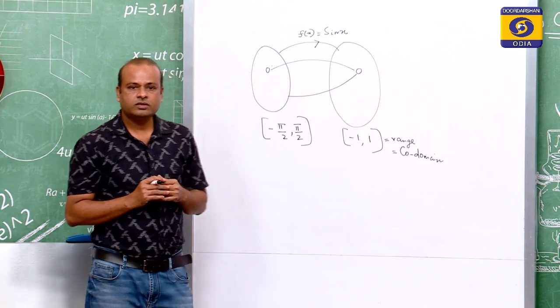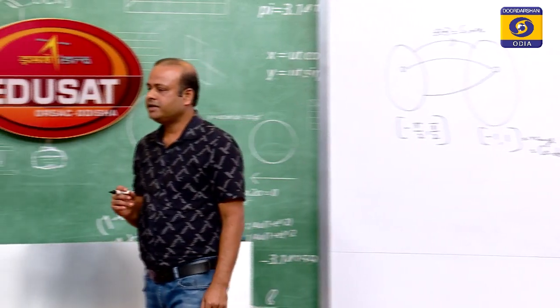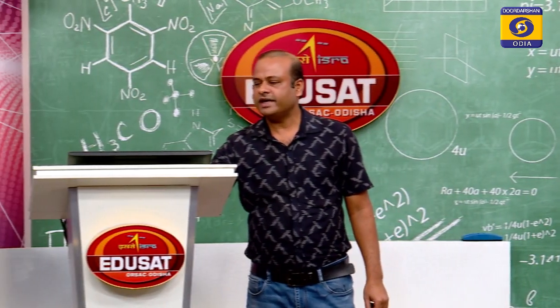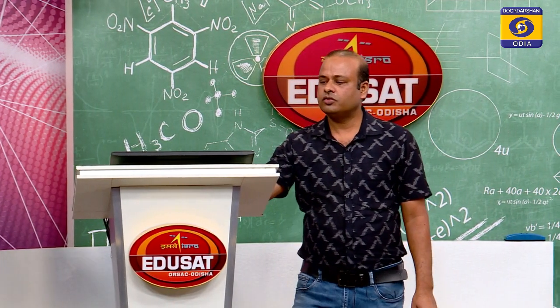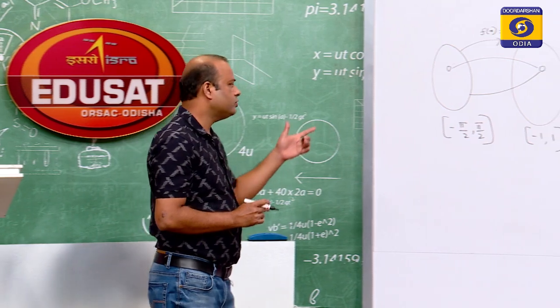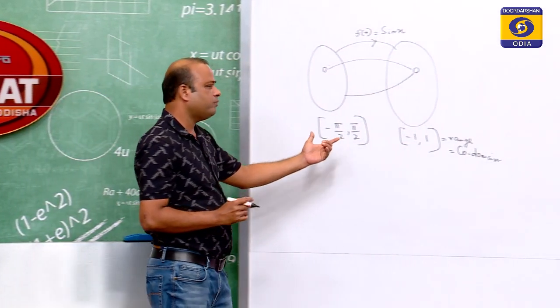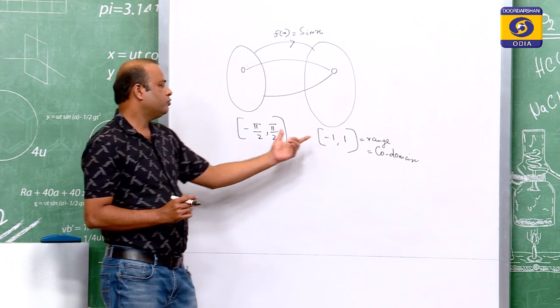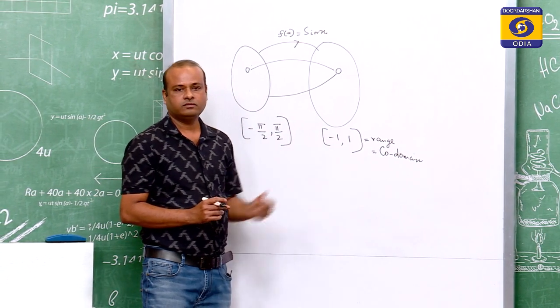We call the inverse sin inverse x. You can also show in the diagram that it is one-one and onto, as I have already shown on your blackboard, and so the inverse of the function exists from the closed interval minus pi by 2 to pi by 2, to minus 1 to 1.